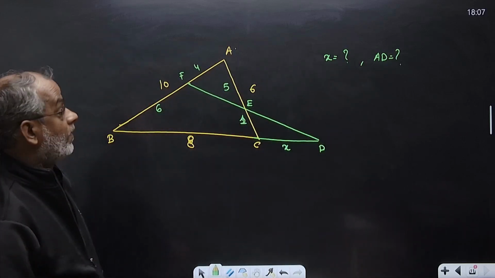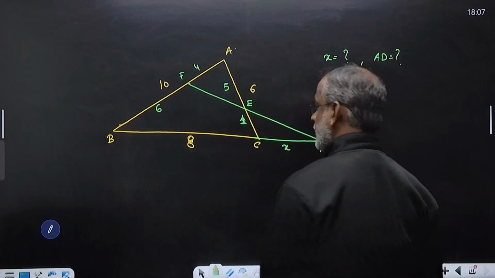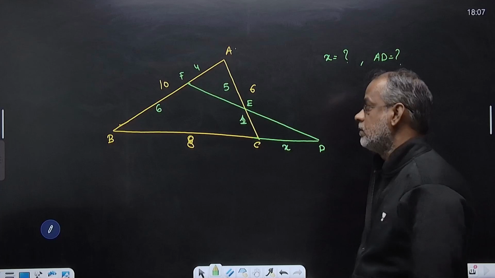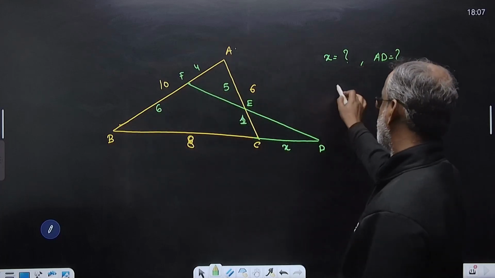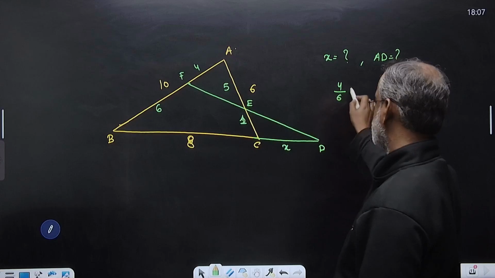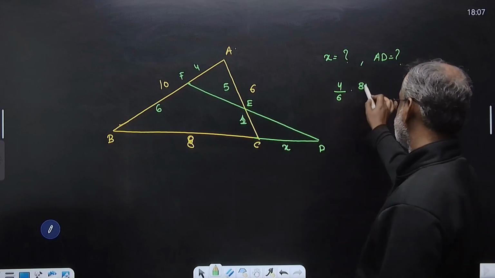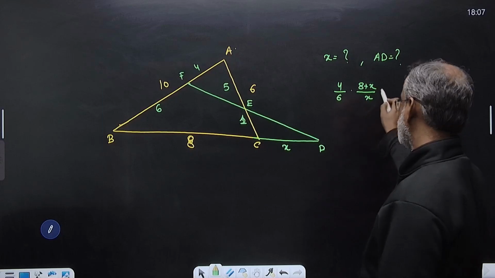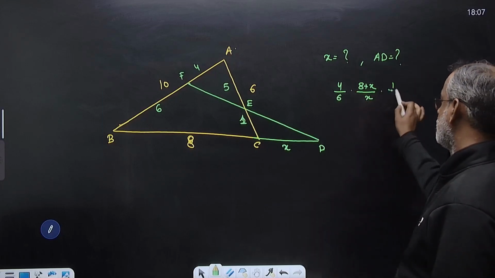So how will you find X? I think that is pretty easy. Okay, AF upon BF, 4 upon 6, into BD upon CD, into CE upon EA.